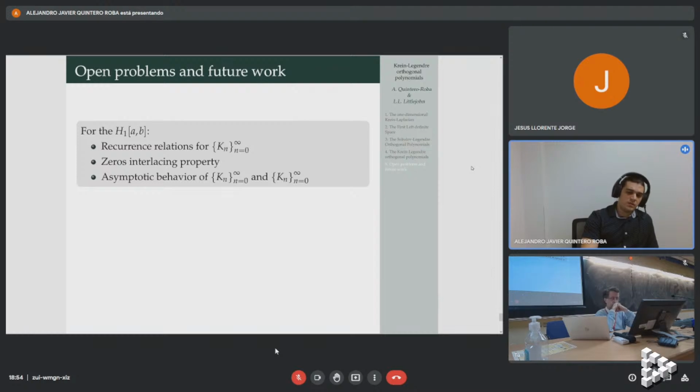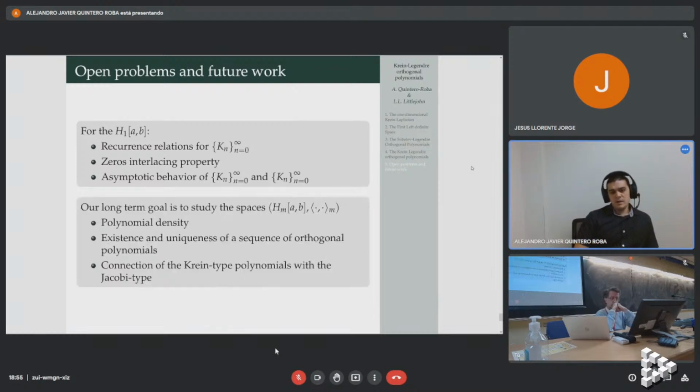Por demás, y es algo que no hablé al principio, además del espacio para R igual 1, tendríamos el espacio para R igual 2, 3, 4, cuyas fórmulas, cuyos dominios y productos escalares tenemos completamente computados, y es algo en lo que estamos trabajando y es nuestro objetivo a largo término: estudiar los polinomios ortogonales en estos espacios, estudiar la densidad, estudiar si tenemos una base de polinomios o al menos si la intersección del espacio con los polinomios es densa.